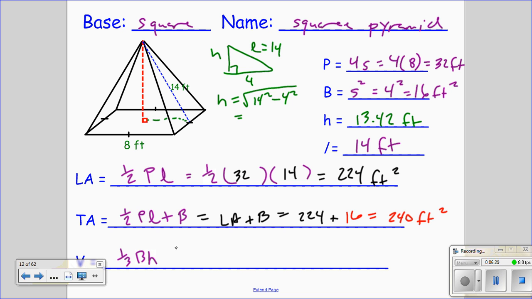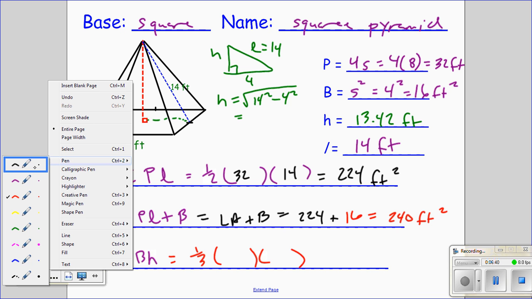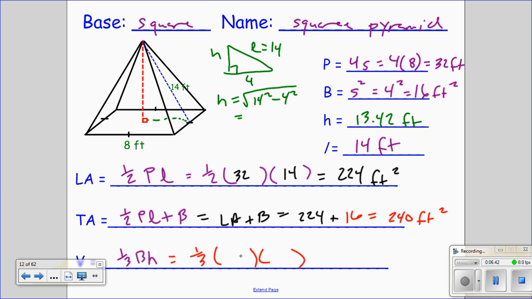And now we calculate our volume. Again, our base area is 16. Our 3D height is 13.42.